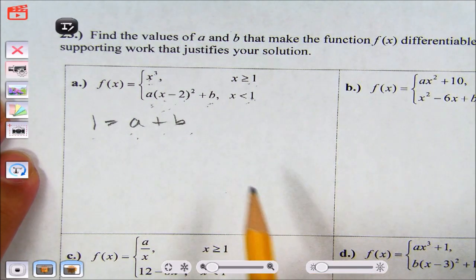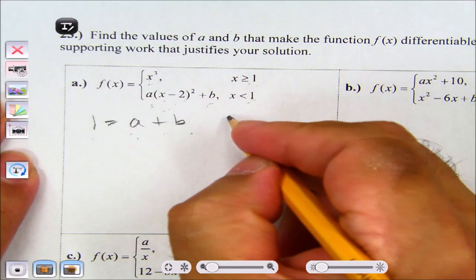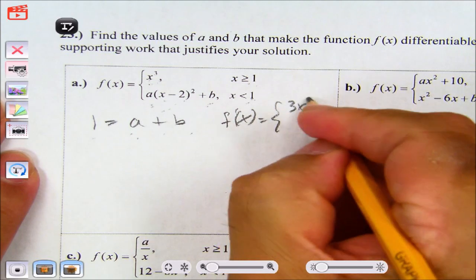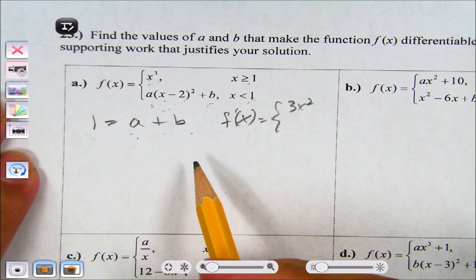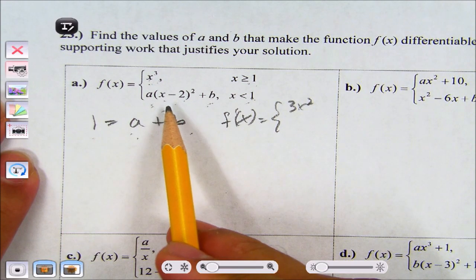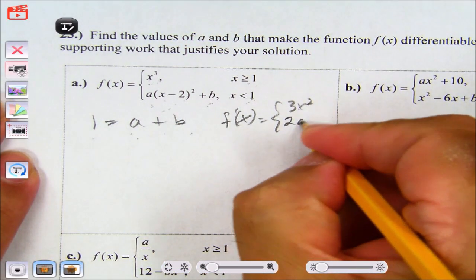Now let's take the derivative. So the derivative would be 3x squared, right? So let's do the derivative on the side here. So f prime of x will be 3x squared. Technically you need chain rule to take the derivative here, so I'm just going to cheat.